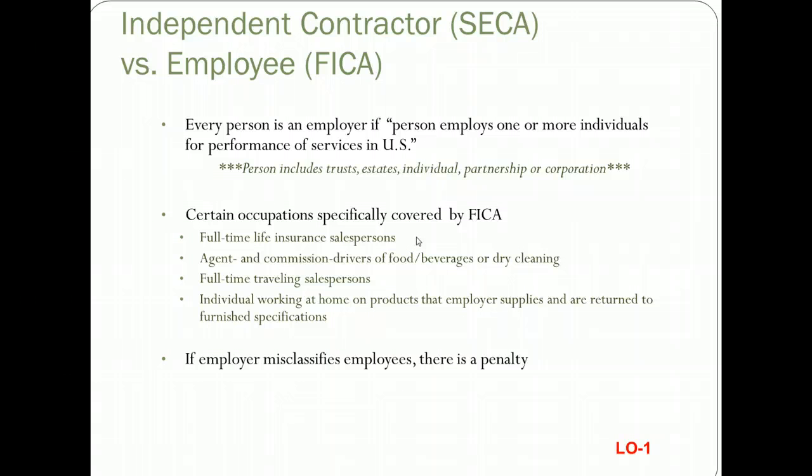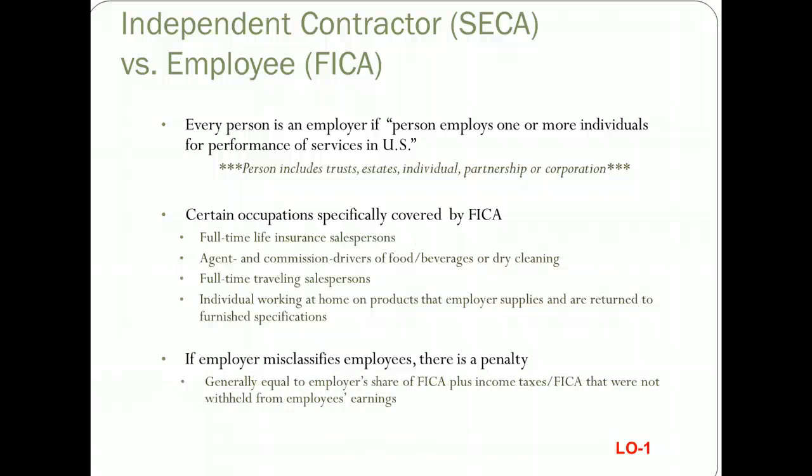If an employer misclassifies an employee, meaning they're really an employee but they're treating them as an independent contractor, there's a big penalty, and that's generally what happens.